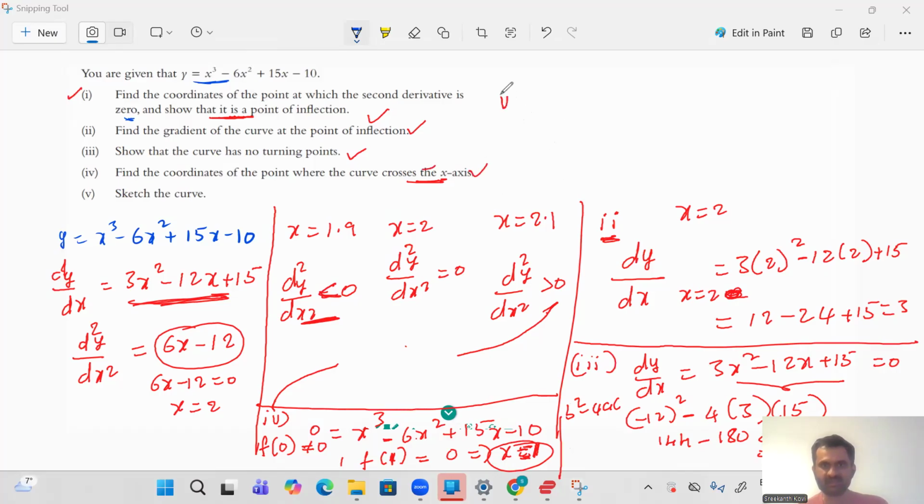And sketching the curve, last part. We know this is a point of inflection. Also, you need to find the value of y.